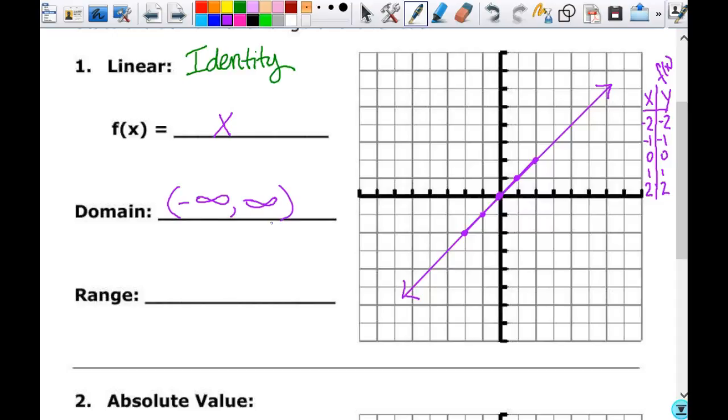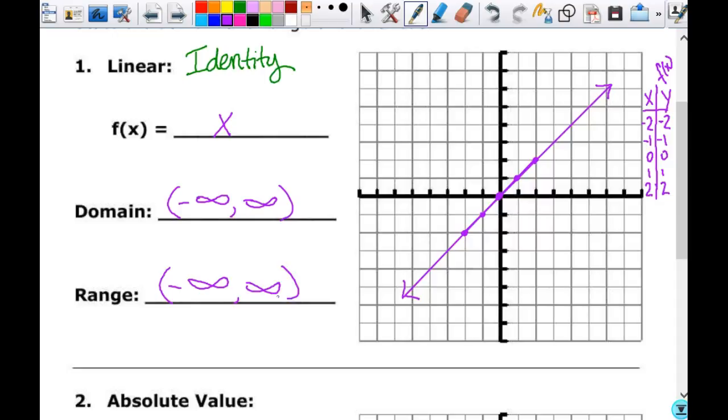Vertical lines, right? Vertical lines aren't going to have a domain from negative infinity to infinity, right? All right, so for the parent function, what is the range? Negative infinity to infinity, right? Are there any lines that would not have that range? Horizontal lines. Okay, good. All right, so you get the idea, right? That one's a piece of cake.